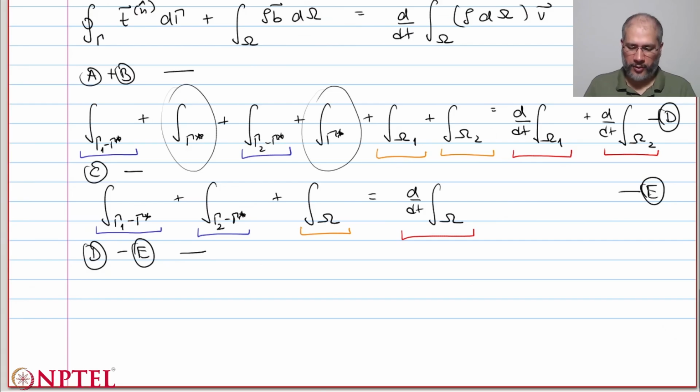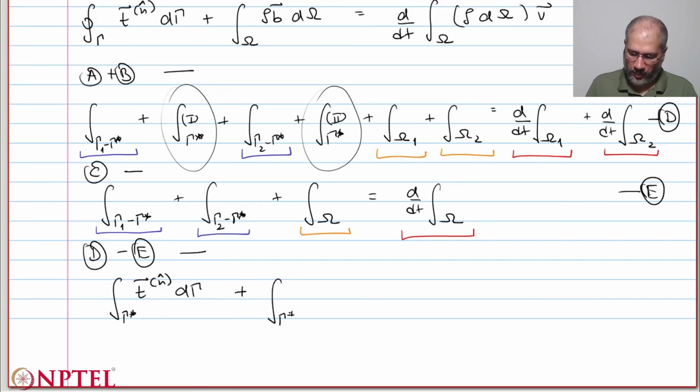But remember, the first one is coming from part 1 and the second one is coming from part 2. They're not exactly the same because of the differences in the direction and the traction vectors acting on them. So let's write what's remaining now. This is the integral over gamma star, the traction vector t n hat d gamma, that's coming from part 1, and from part 2 we have the integral over the same area, but this time the traction vector is called t1, as we had done in the figure.